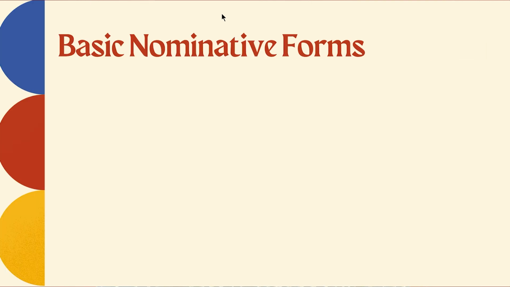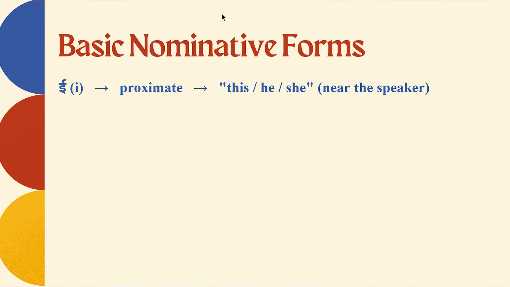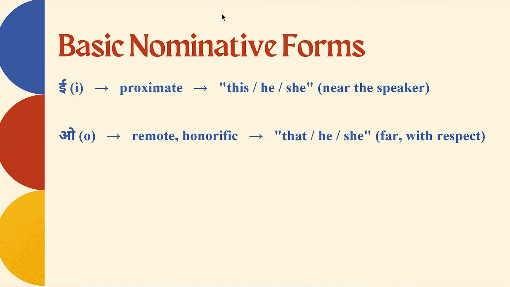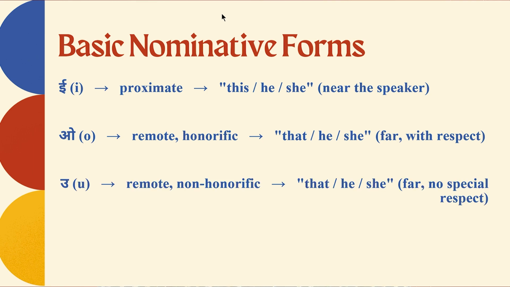So let's look at basic nominative forms. So first one is E, which is used for anything which is near to the speaker in a proximate vicinity. So this basically translates to this or he or she in English. Then there's O, which is used to refer to remote honorific objects, and it translates again to that, he or she, something which is far away from the speaker.